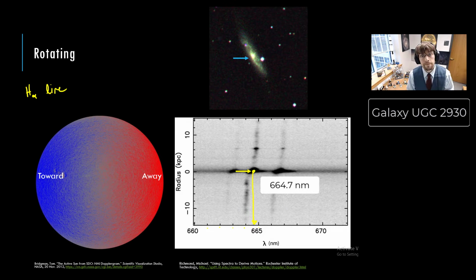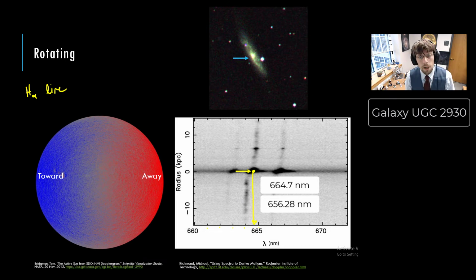Well, remember the hydrogen alpha line should be at 656.28 nanometers. In other words, the central bulge of this distant galaxy, red or blue shifted? Yeah, longer wavelengths, red shifted. The central bulge of this galaxy is moving away from us.